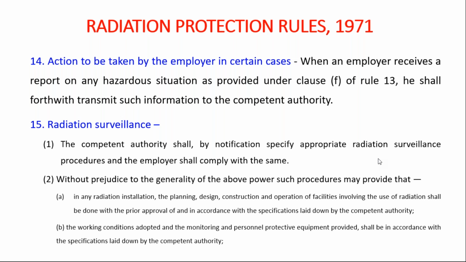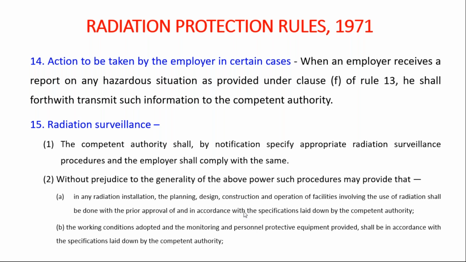Without prejudice to the generality of the above power, such procedures may provide that in any radiation installations, the planning, design, construction, and operation of the facilities involving the use of radiation shall be done with the prior approval of, and in accordance with the specification laid down by, the competent authority.